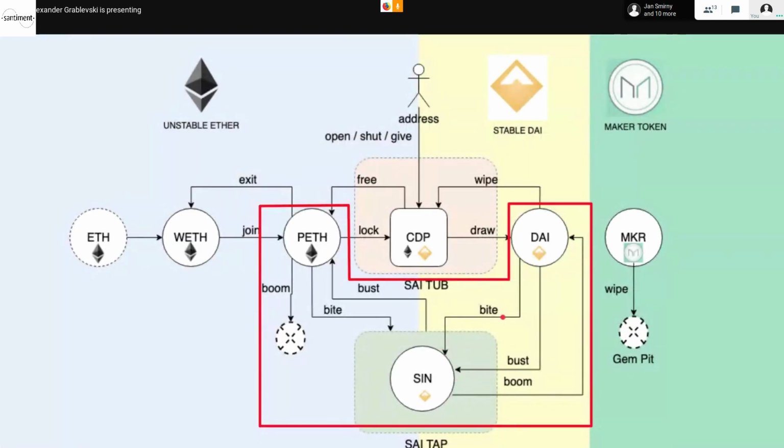These events happen quite often, so that protects the DAI system against being undercollateralized. That's one of the key things for Maker, to be sure that nothing bad happens. These boom and bust events are not so important for now because we don't count them, but they're used for purchasing and selling DAI when the auction sale happens.